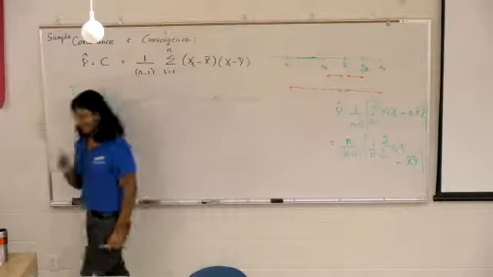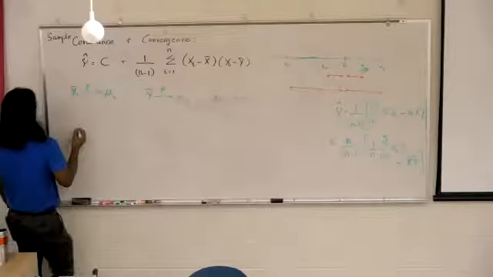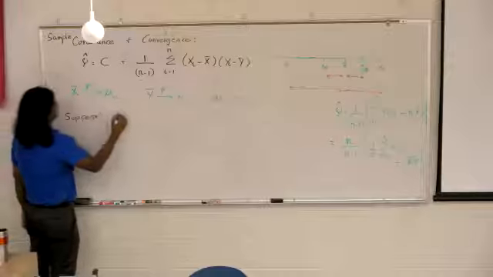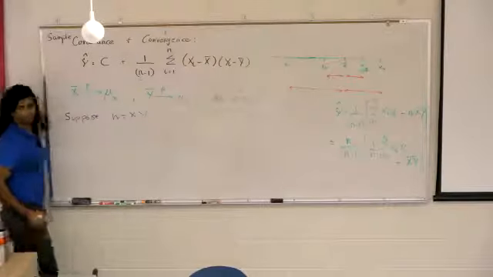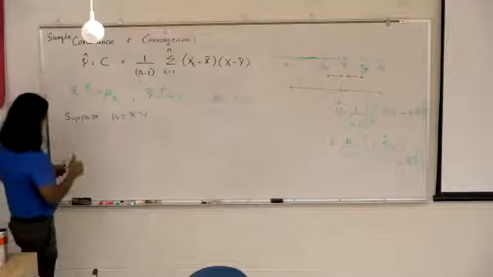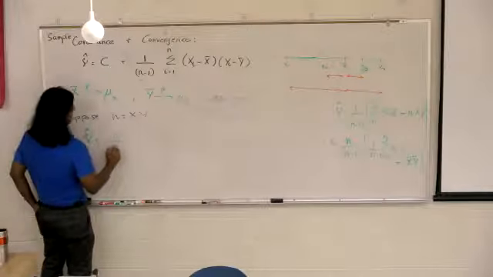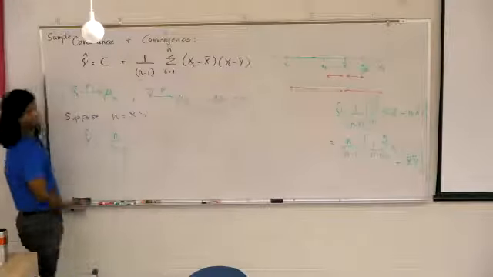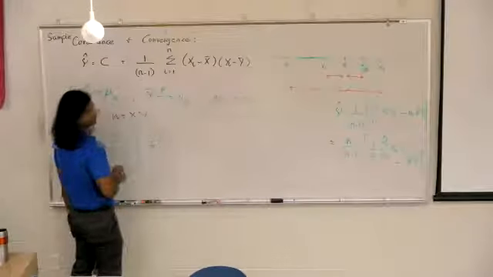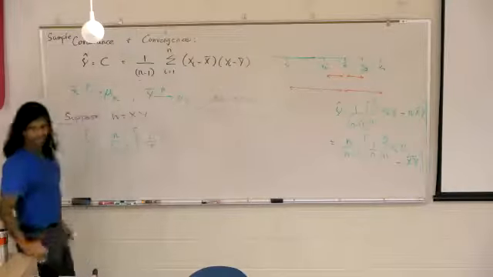If w is x times y, then gamma hat would be n over n minus 1, 1 over n sum of each xi times yi, which would then be wi.